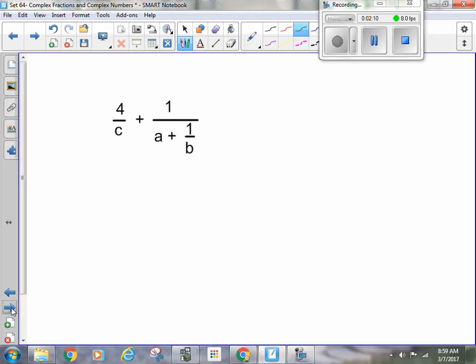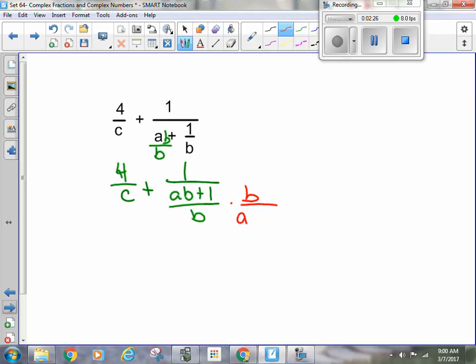Okay, so if we look here, I want to multiply by my A by B, and I'm going to leave my first term. So I'm going to write this all as 1 over B. Now I'm going to multiply by the reciprocal in the numerator and the denominator. Everything cancels down there.